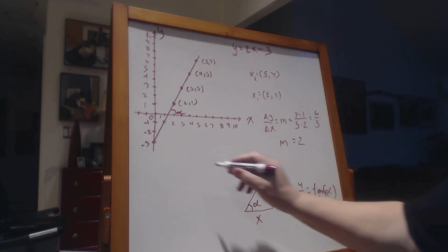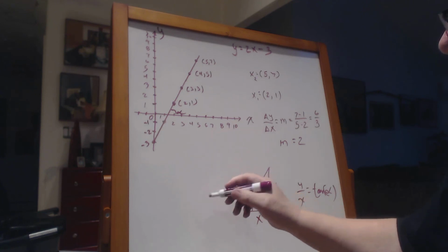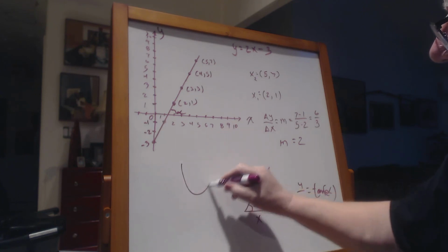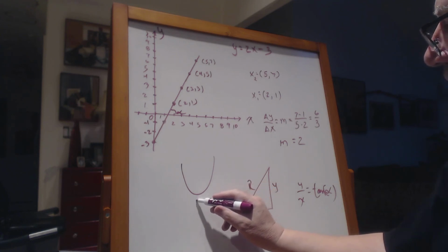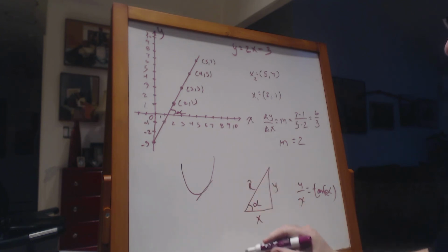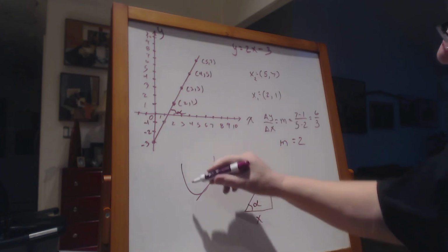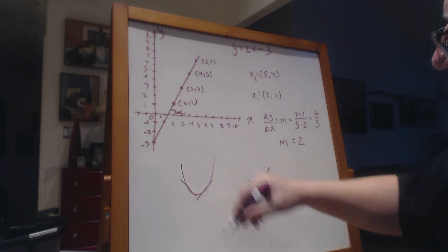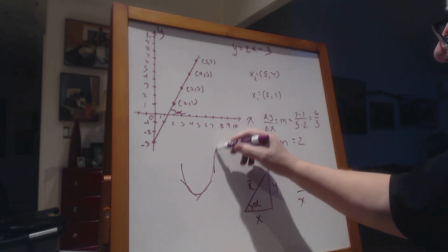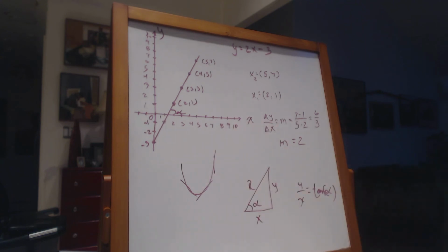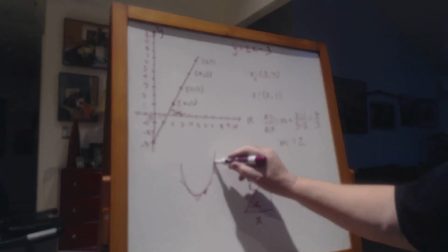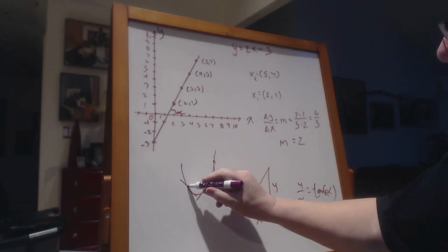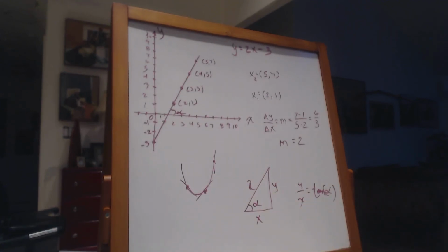And for other functions that are not so smooth, the tangent, the change in y over the change in x, may change depending on where you are on the function. So that's a tangent line at this point, a tangent line at that point, and a tangent line there.